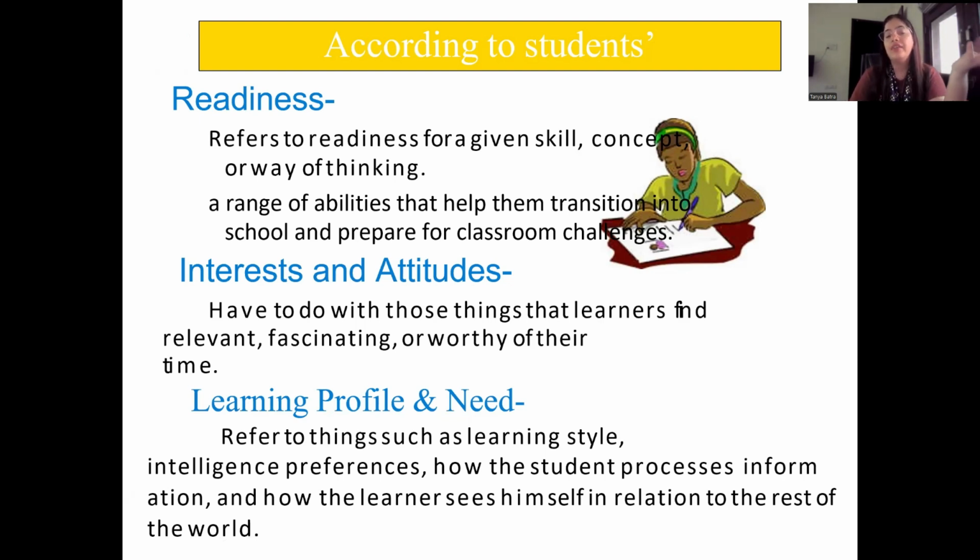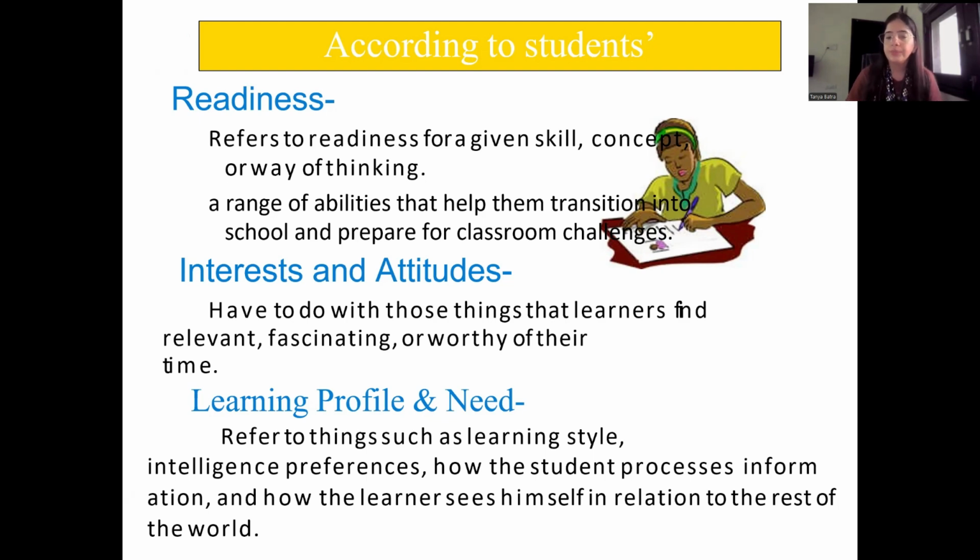Readiness level refers to a range of abilities that help them transition into school and prepare for classroom challenges. For example, if you want to teach the concept of plants, are the learners aware what plants are? Do they have real life exposure to plants? So, is the child ready for that class? That constitutes readiness level.